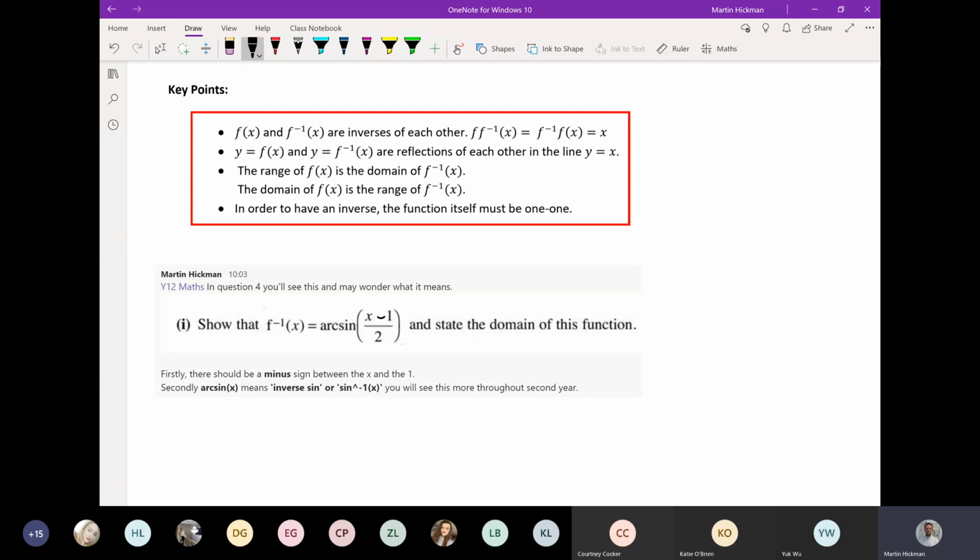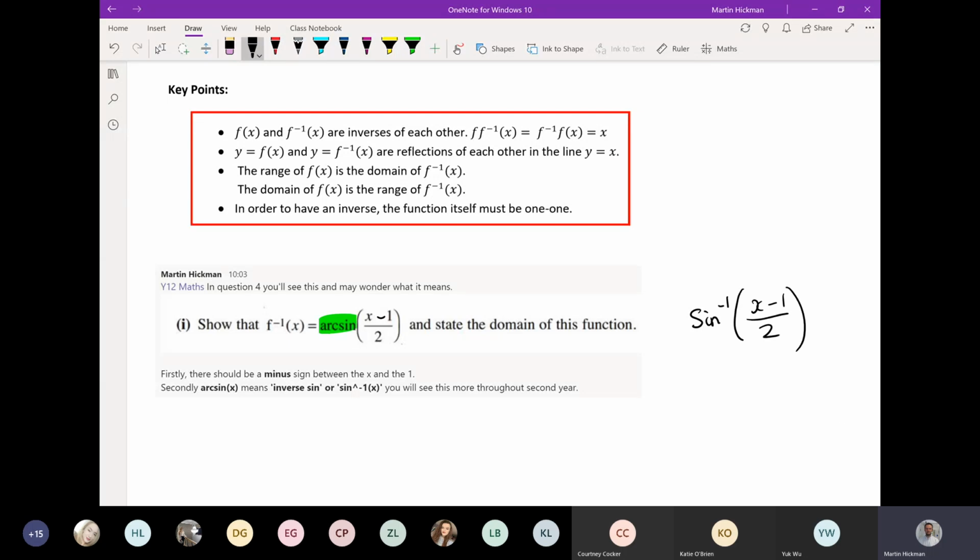I posted this on the team. When you're showing that, in this show that question, you might see this word arcsine. What that essentially means is the same as saying inverse sine of x minus 1 over 2.